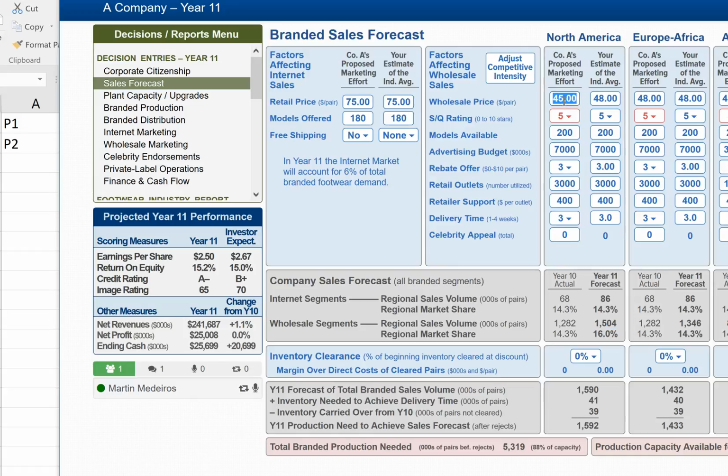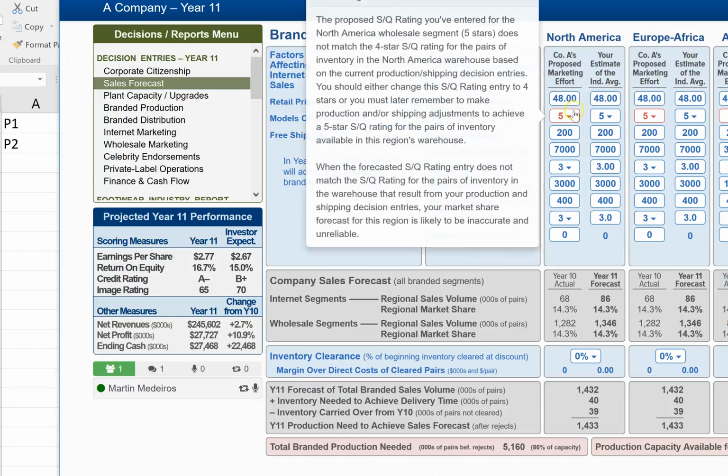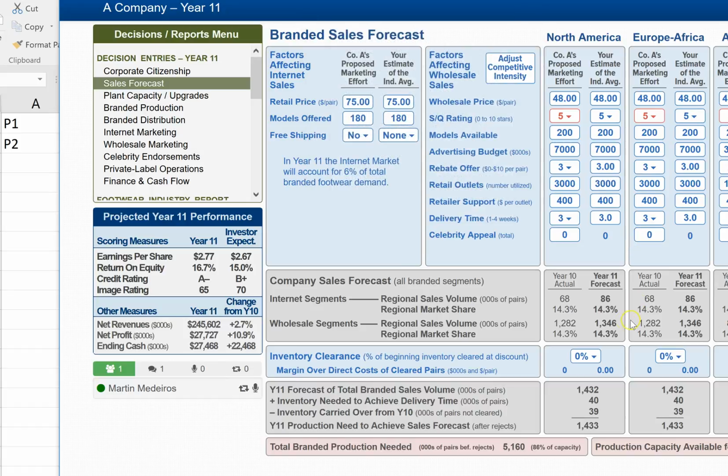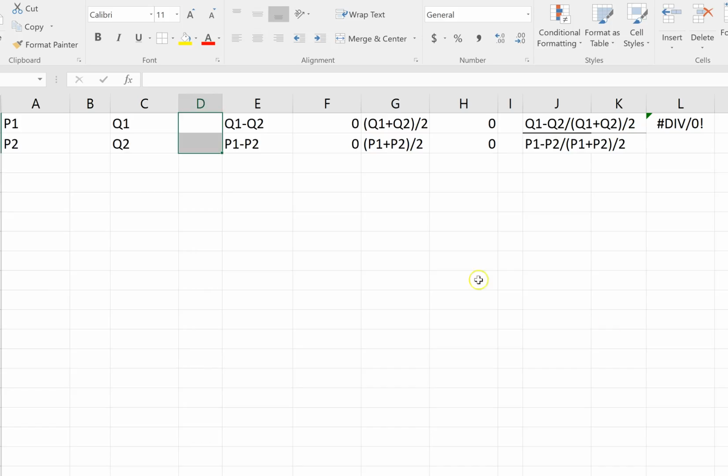So what I'm going to do is start at 48. That's going to be my P1. And when I change this to P2, I'm going to increase it to 58. And notice how from 48 to 58 is away from the market average. So 48 is P1. This is Q1. So let's enter that in. That's 1346. I'm just going to copy that. So our P1 is 48, and our Q1 is 1346.